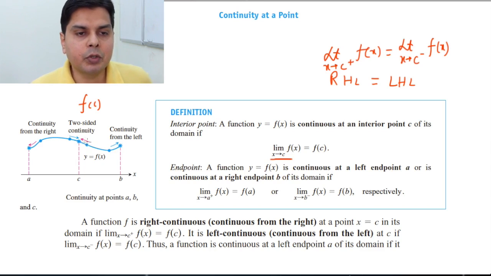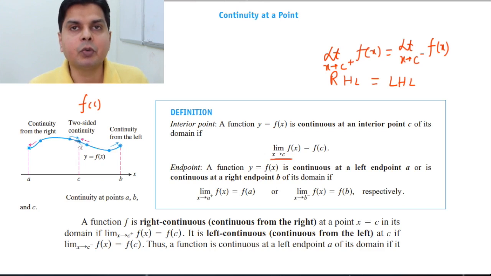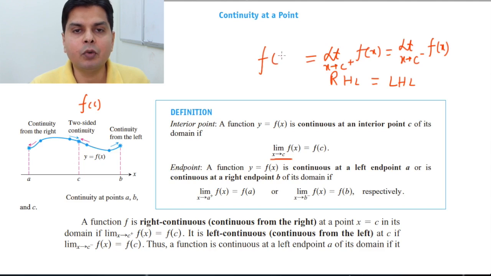So in this case also you see the red arrow shows the right hand limit, the blue arrow is showing the left hand limit, so these two limits have to be equal. And the third condition is that these two limits have to be equal to the value of the function at that point, that is f(c).